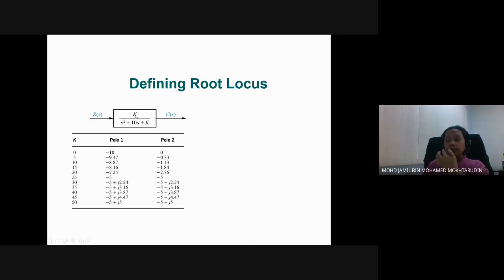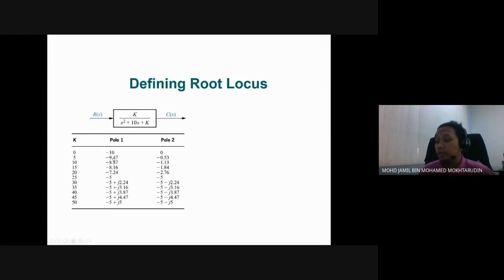And then after that, you can find the poles for each value of K. So let's say your K equals 0. You substitute K equals 0 and then find the value of poles. When K equals 0, the poles will be minus 10 and 0. And then you can repeat the process. Maybe you use K equals 5, find the poles, and repeat the process, okay?